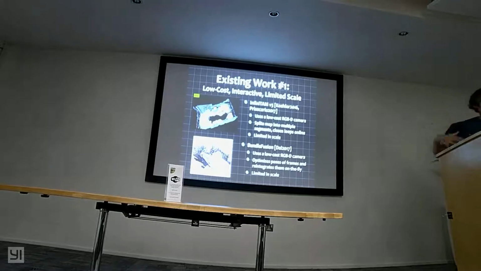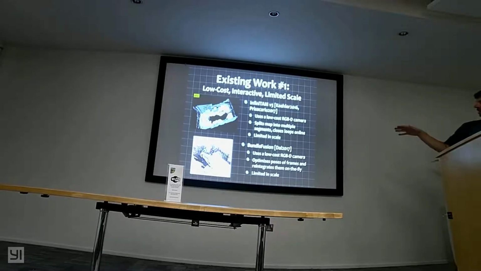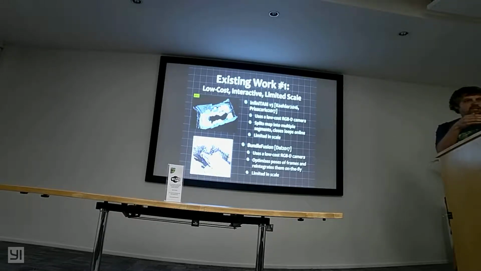Then there's Olaf Kahler's work back in 2016, where you split the map into segments as you're going around, and when you close loops, you adjust them relative to each other with pose graph optimization to make a consistent map.